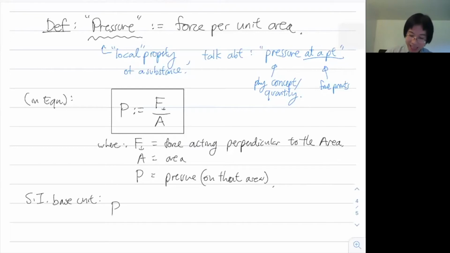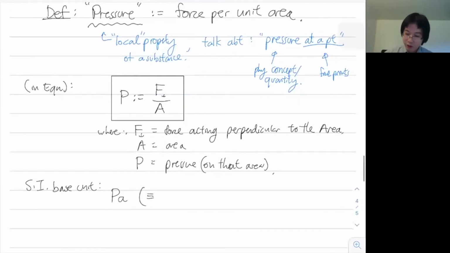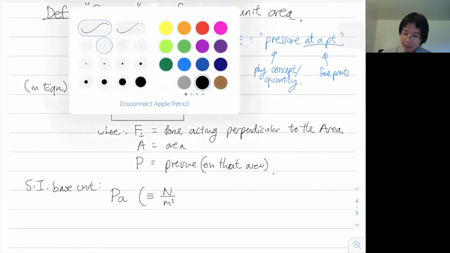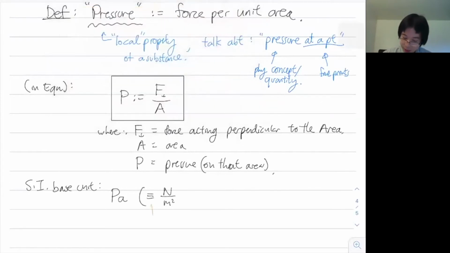So it's called Pascals, by the mathematician Pascal. This is identical to newtons per meter square. Basically, look at the formula, it's force per unit area, right? So force is newtons, meters square is area, so newtons per meter square. This three-stroke symbol is what mathematicians call identical to. So there are actually three different equal signs that mathematicians use.